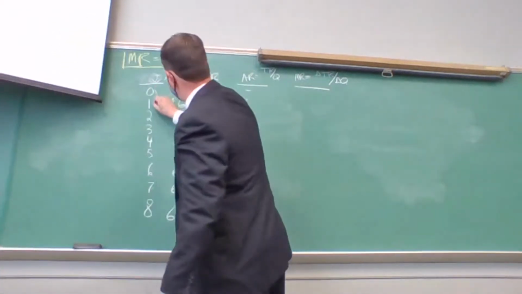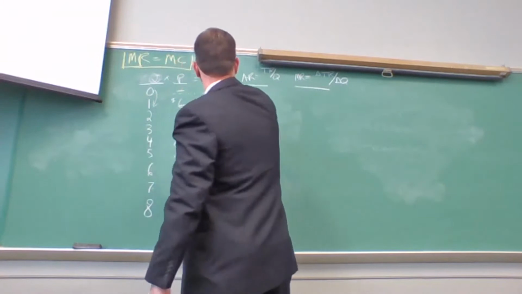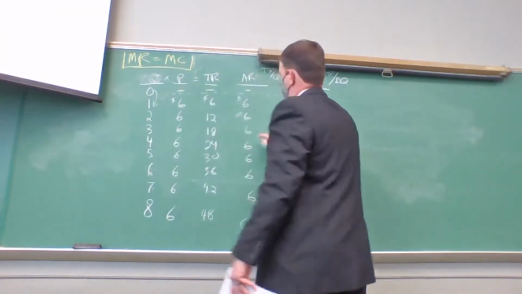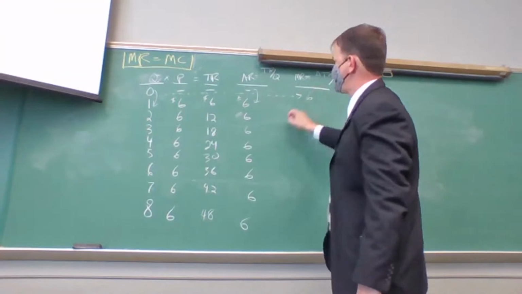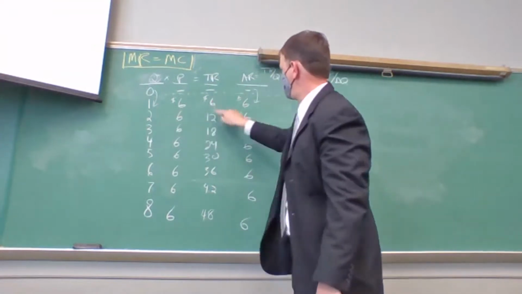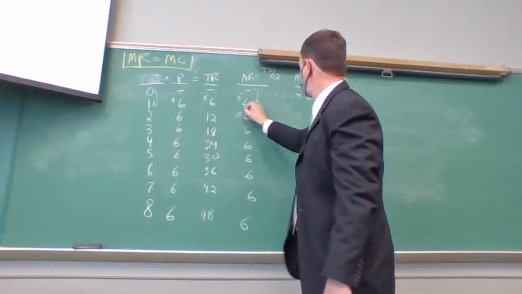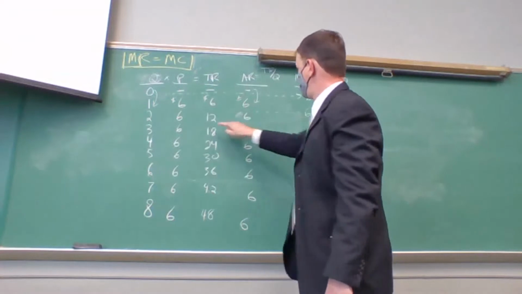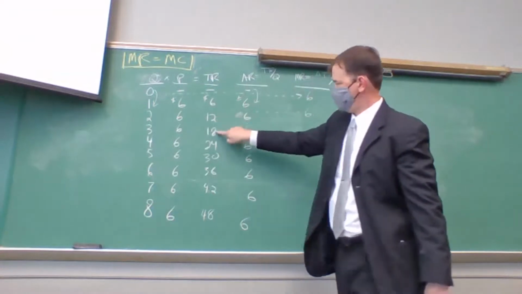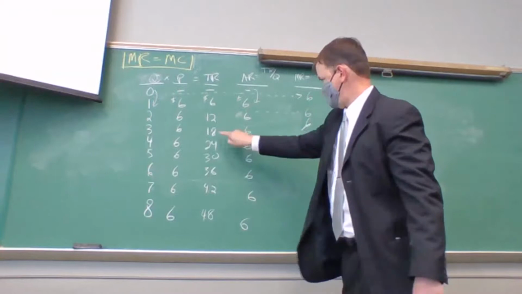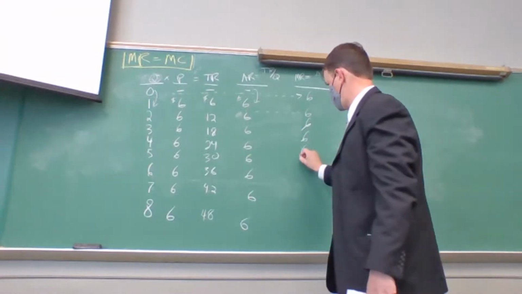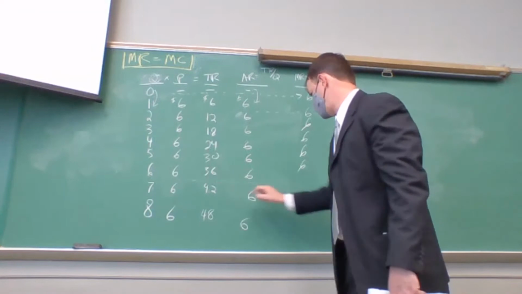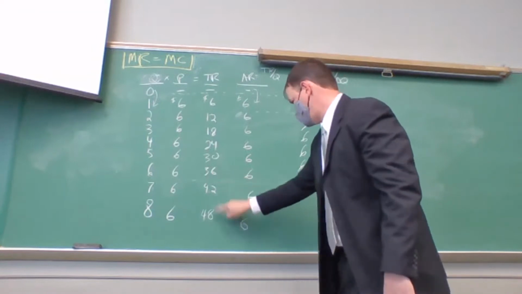So what I'm doing is going from here to here and putting it right here, in between. I'm going from here to here, right? What'd I get? What did I get? What more? What more? See, 12 to 18, 18, 24, 24, 30, 30, 36, 36, 42, 42, 48.